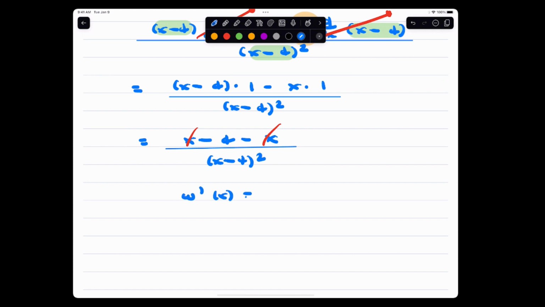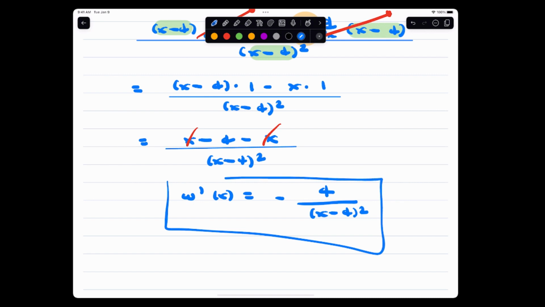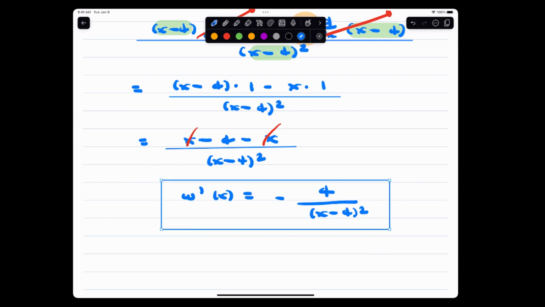W prime x is going to be negative 4 over x minus 4 squared. There you go. There it is. There's no simplification. You're done. Easy peasy lemon squeezy.